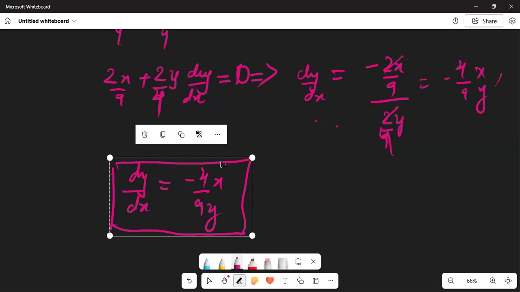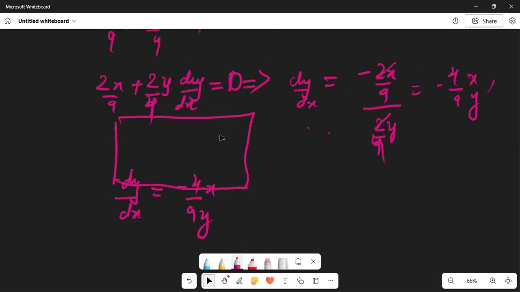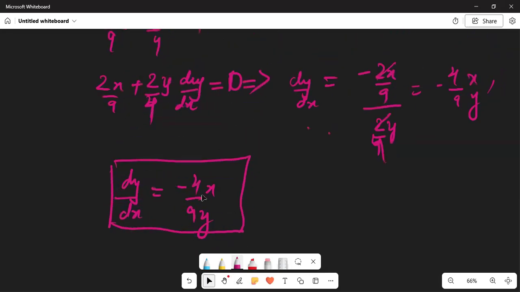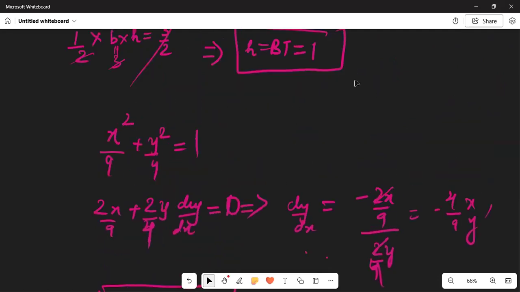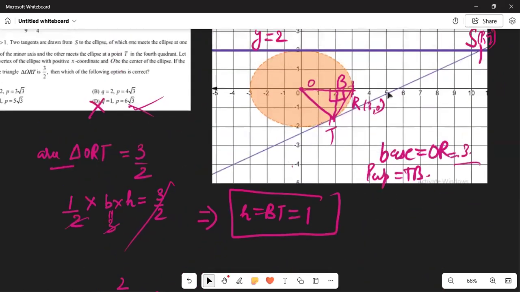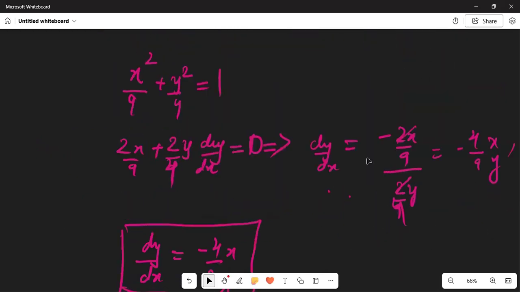Let me move it. So we have the slope of the tangent line. This is minus 4 by 9 x by y.